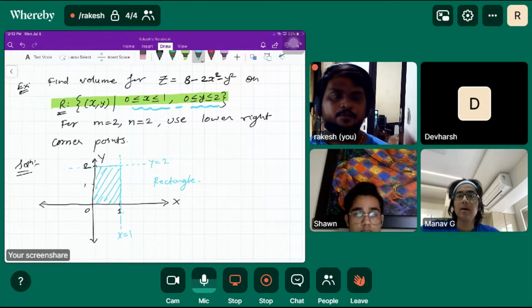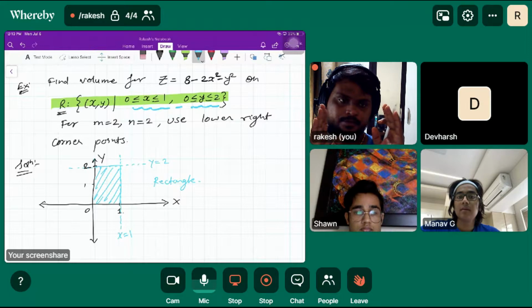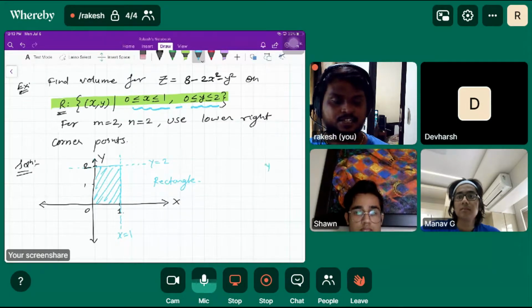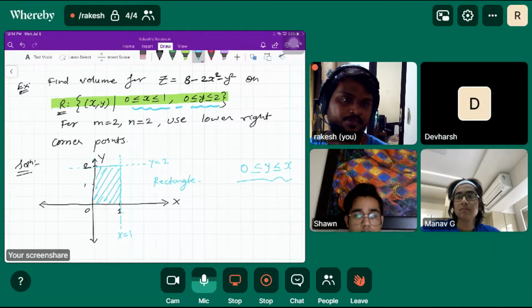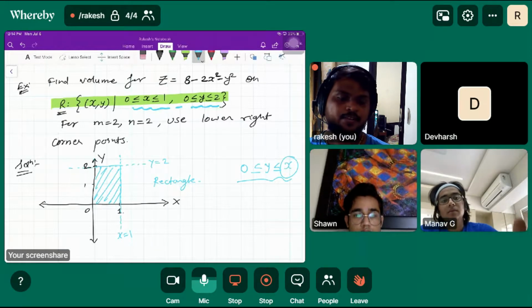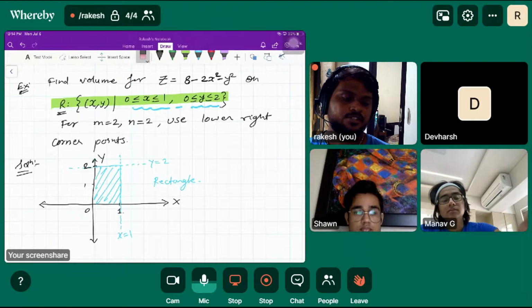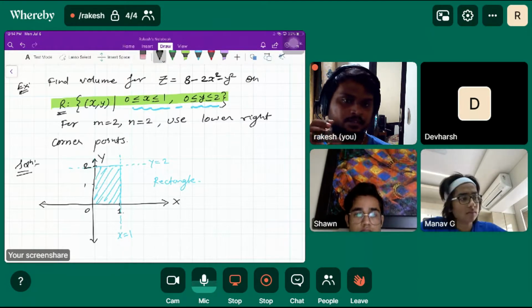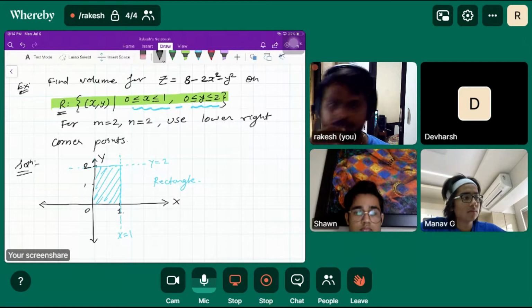If x and y are bound by constants, like it may be the case y less than or equal to x, where it is variable, that is a different case. But if x and y both are bound with constants, it means we will get a rectangle. The region would be a rectangle, right?